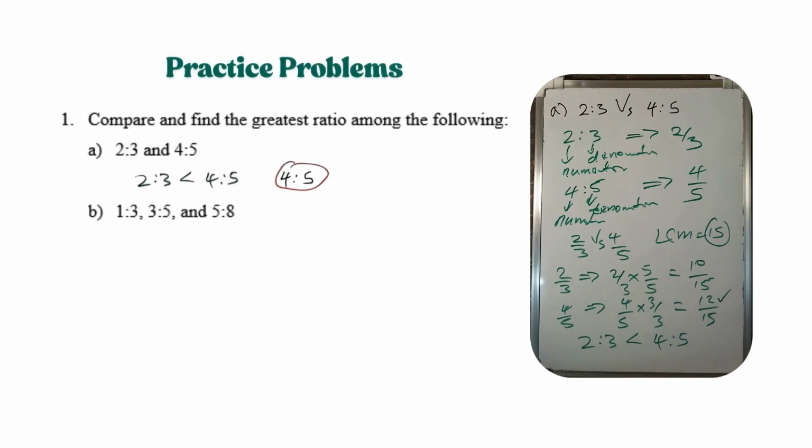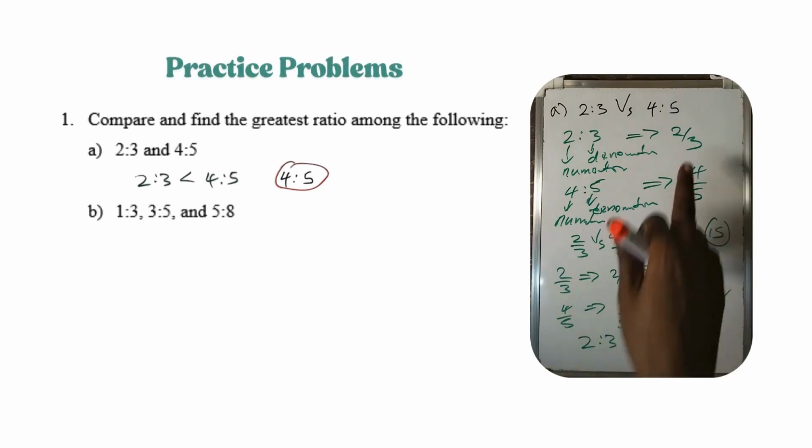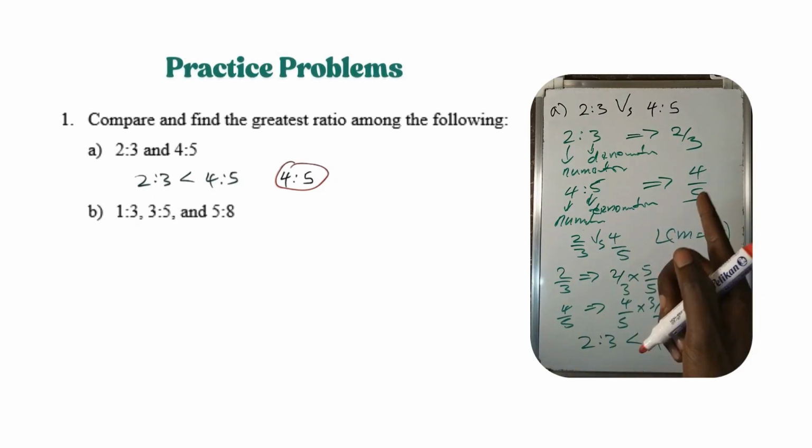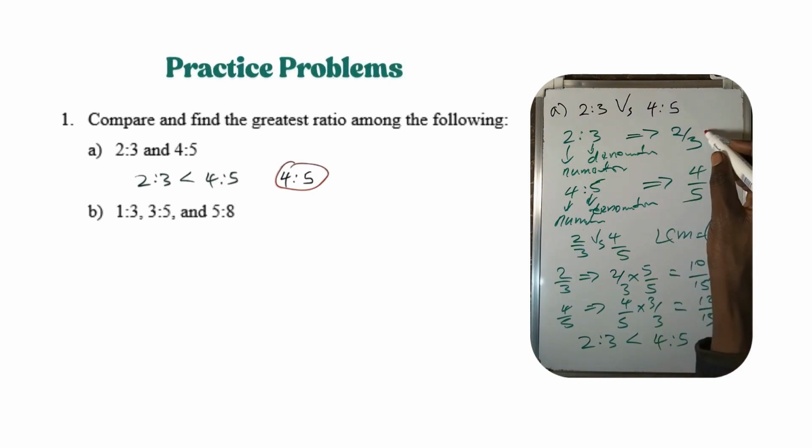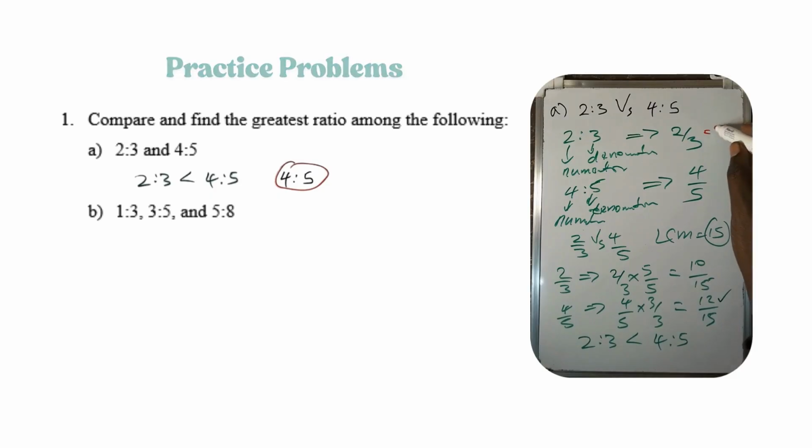But apart from the LCM, you can just find the decimals, which is the easiest, converting them to decimals. Like 2 thirds to decimals will be 2 divided by 3, which is 0.6 recurring.